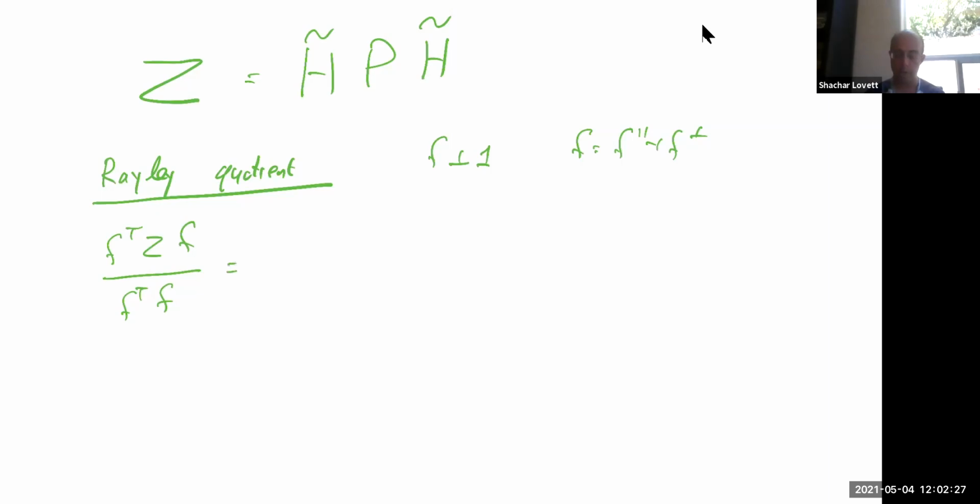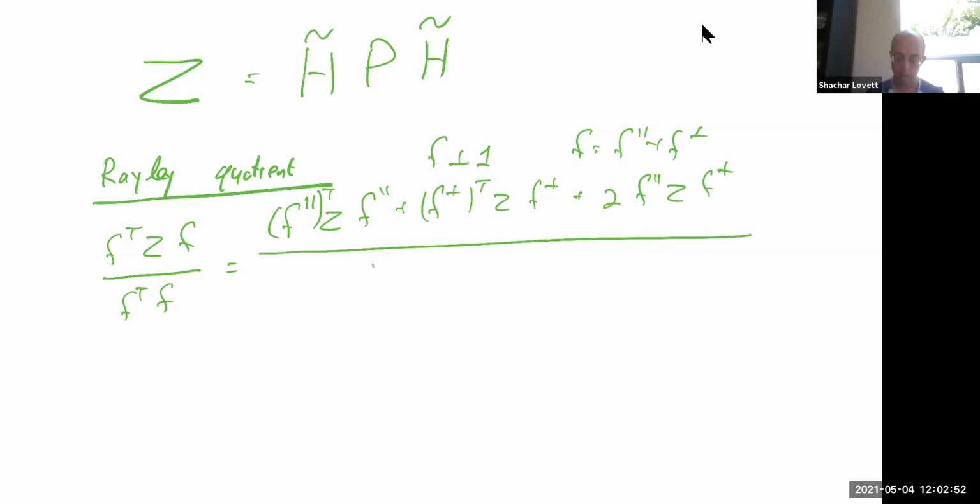And we just want to decompose this F as F parallel plus F orthogonal, and the same in the numerator and denominator. That's going to be F parallel transpose Z F parallel plus F orthogonal transpose Z F orthogonal plus twice F parallel Z F orthogonal, divided by F parallel transpose F parallel plus F orthogonal transpose F orthogonal.